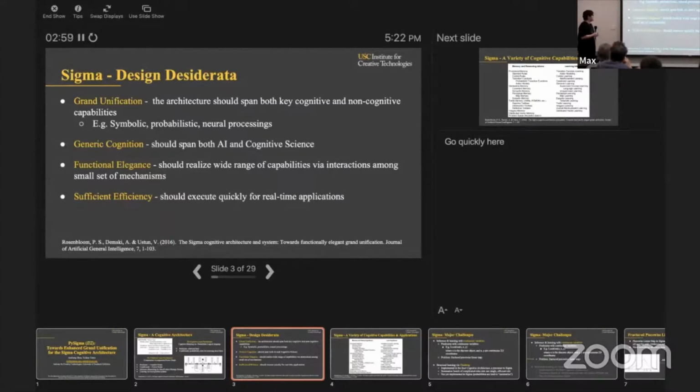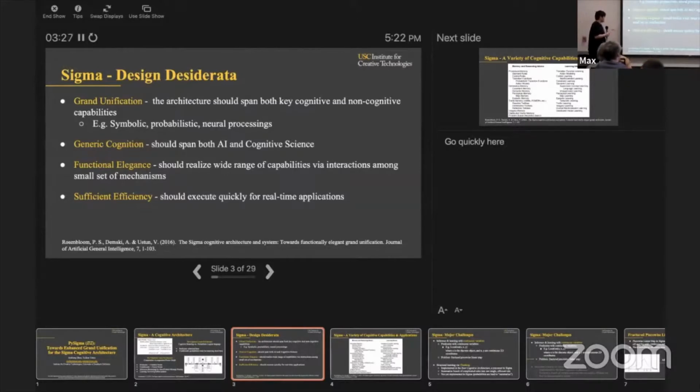The second desideratum is generic cognition, the idea that this architecture should span methods and techniques from research in both artificial intelligence and cognitive science. The third one is functional elegance, the idea that all of the above should be achieved via interactions among only a very small set of mechanisms, and therefore the overall architecture is functionally and theoretically elegant.